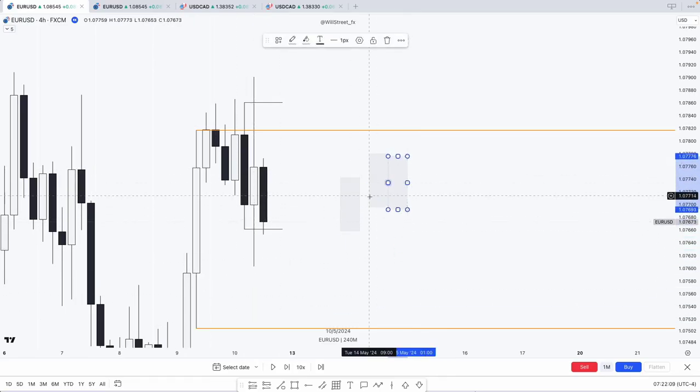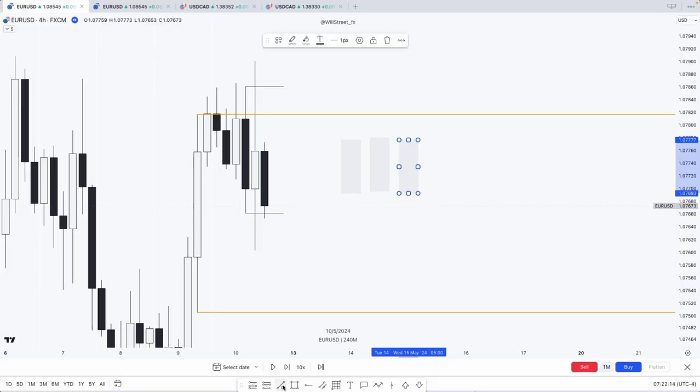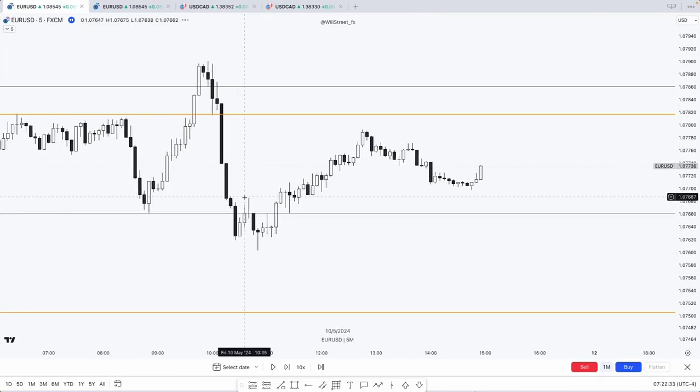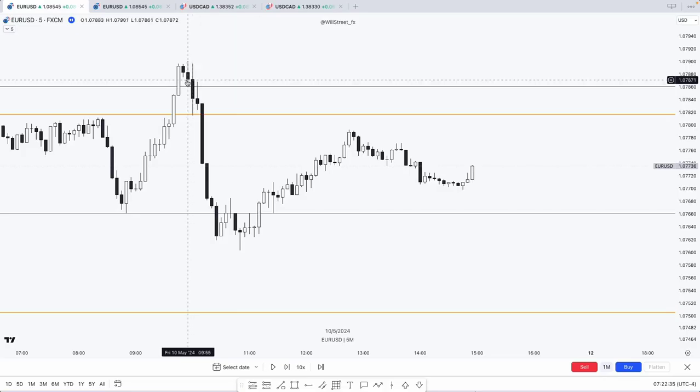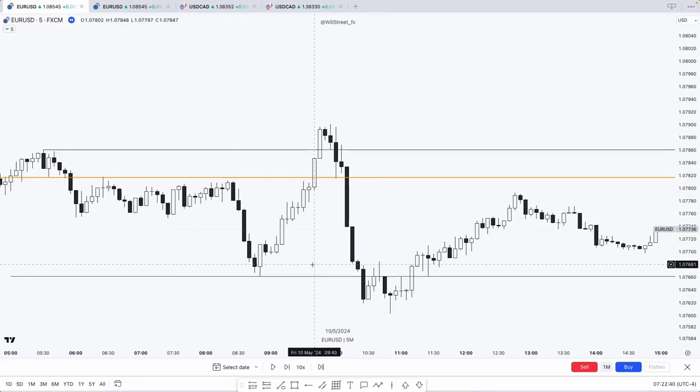Everything has happened here. If everything has happened here, what we want is before the news. Remember when I say that when there is news and it is consolidating just before the news, it will create the range. So create the range and then with the news, we will go lower. So 10 a.m., it is 9:55 and creates the high.